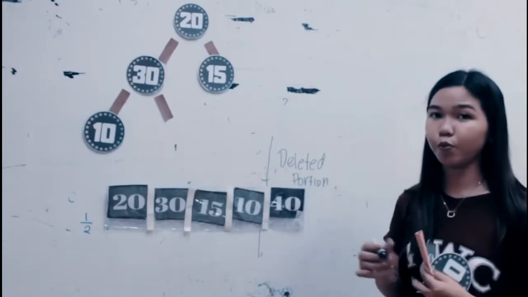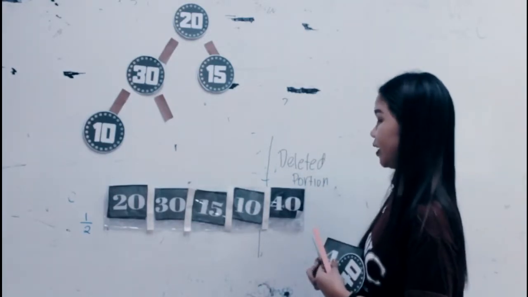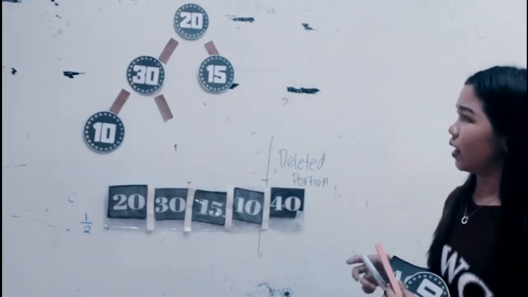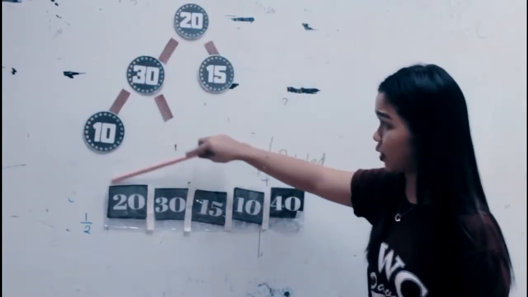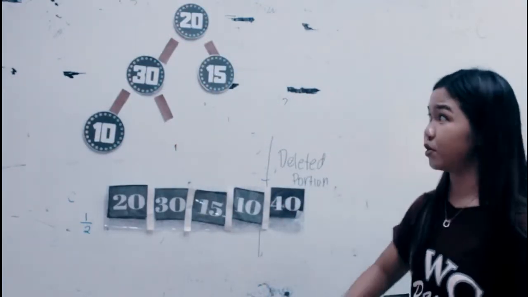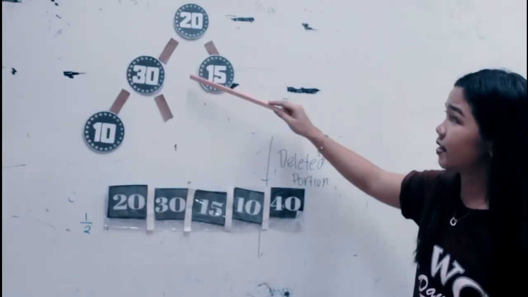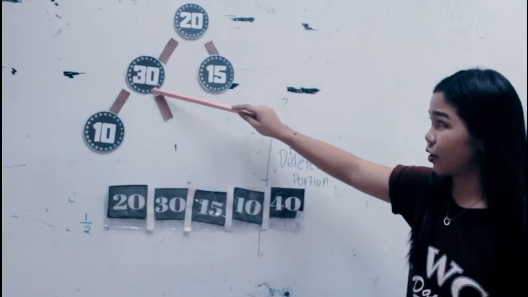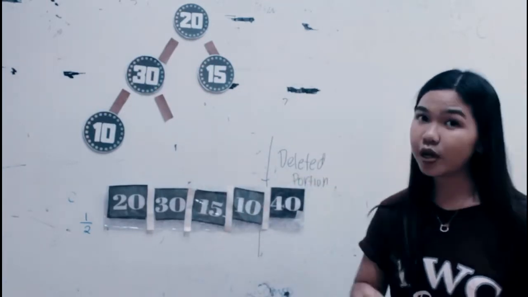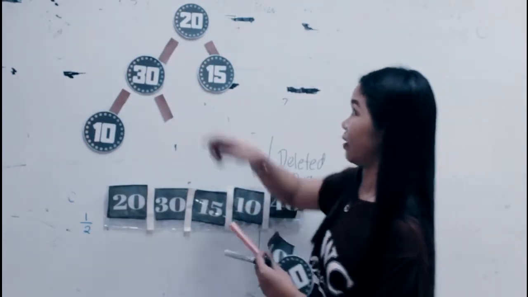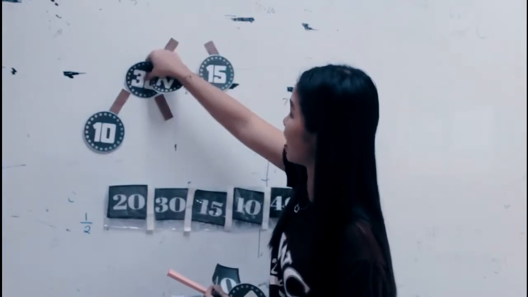Again, deleted portion will be considered already sorted. So 40. Again, as you can see in your binary tree, this doesn't follow the idea of max heap. So since 20 is greater than 30 than 15, all you need to do is to heapify or adjust the elements. So remove 20 and put it here.